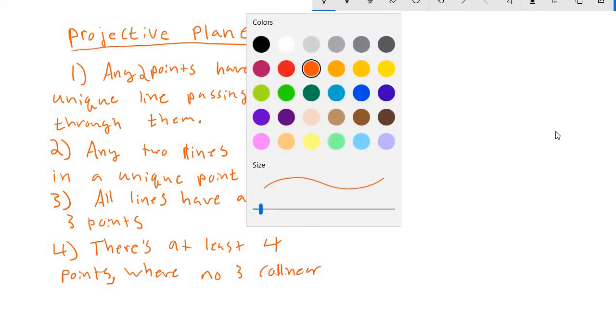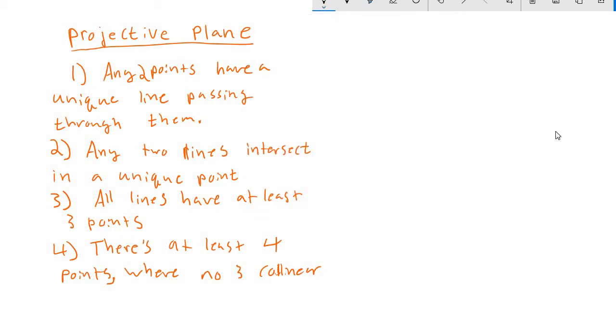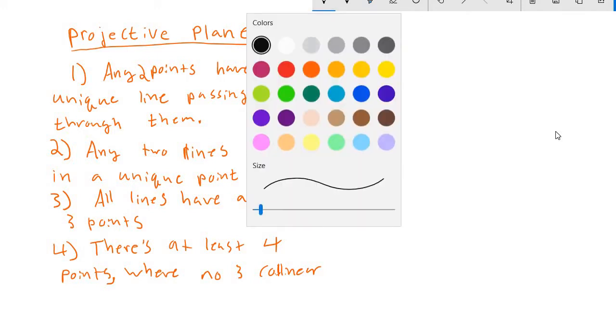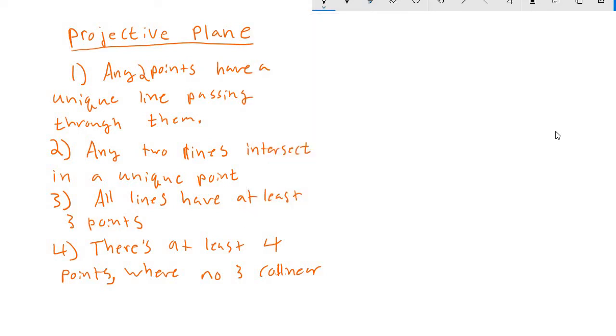So if you remember last time, we found an example that satisfied the axioms of affine geometry, which had only finitely many points, and our lines didn't have infinitely many points on them. They just had only these finitely many points that we were counting as part of our geometry. So as a first example, we're going to take a look at another case where we only have finitely many points.